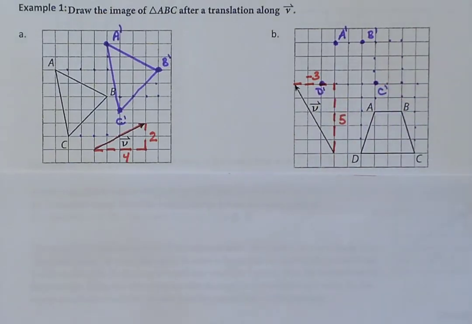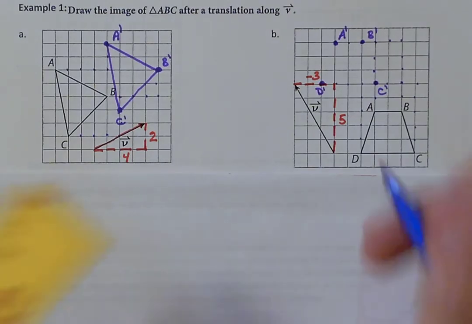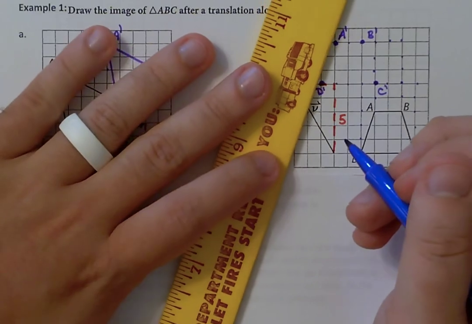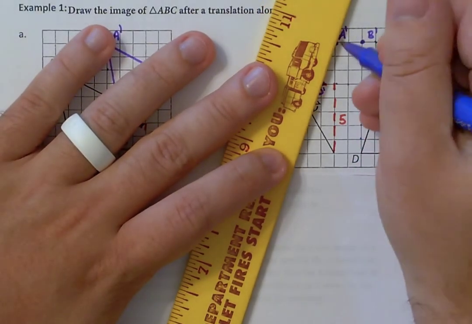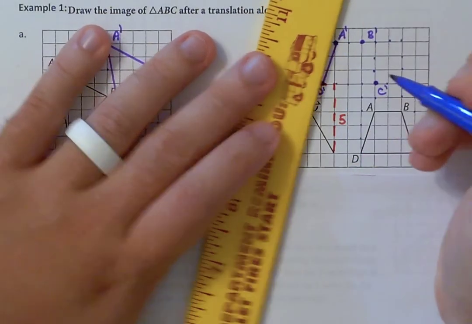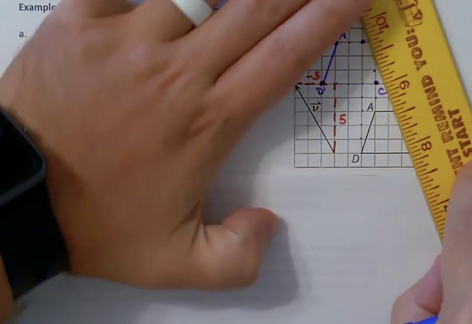All right, so I now have all of my points plotted for the prime and the transformed points. So then all I have to do is connect the points, draw my image, and then we will have transformed our shape for this problem.